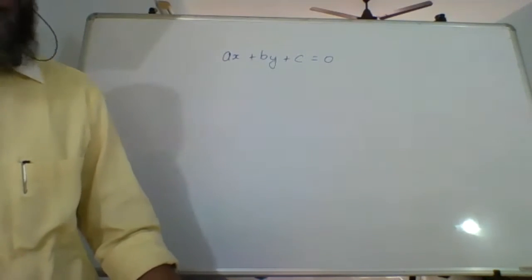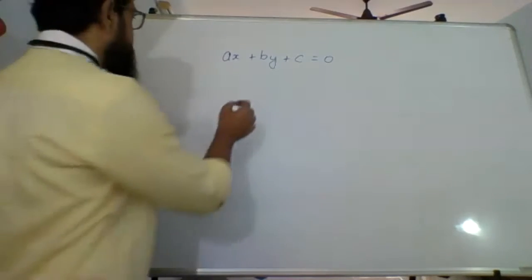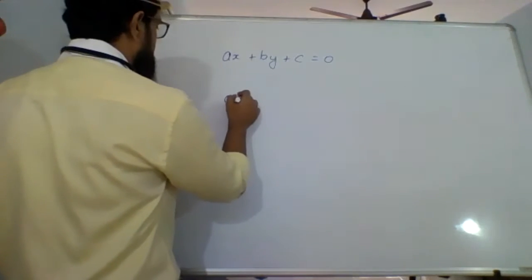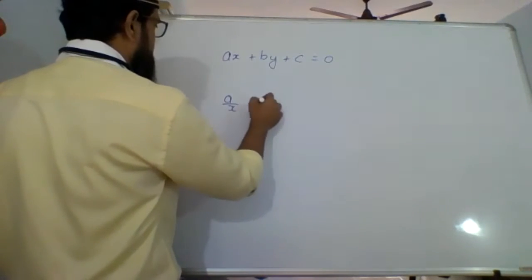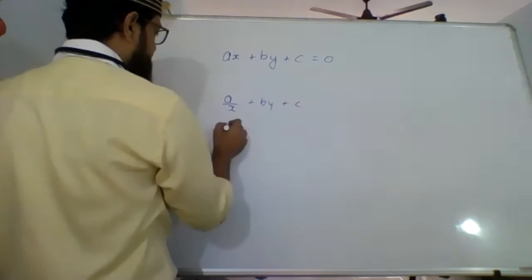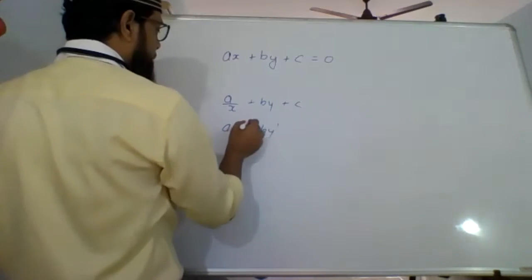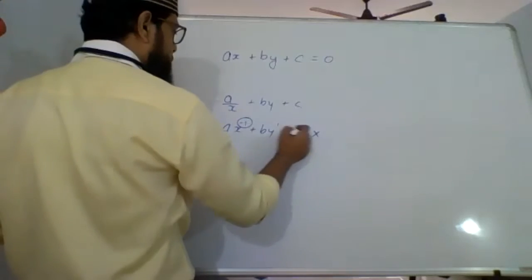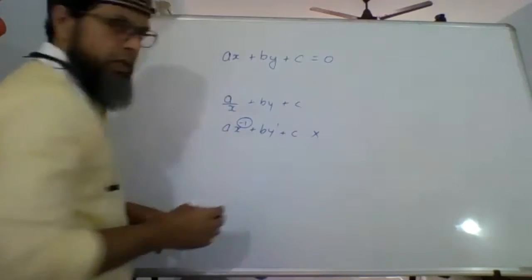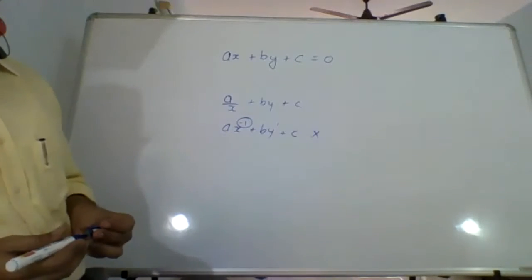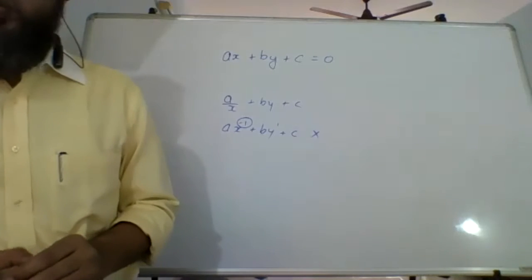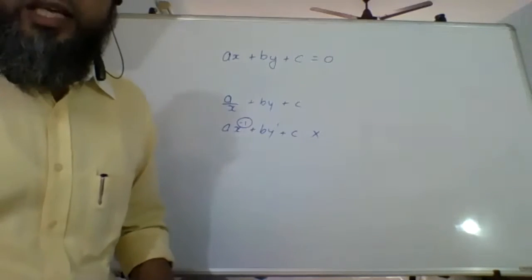If it is -1, for example, if it is like this, this is nothing but ax raised to -1 plus by raised to 1. This is also not a linear equation. The power has to be only 1. It cannot be less than 1.